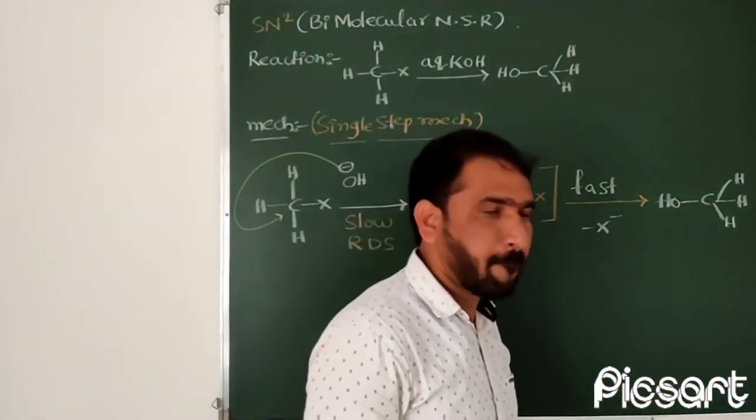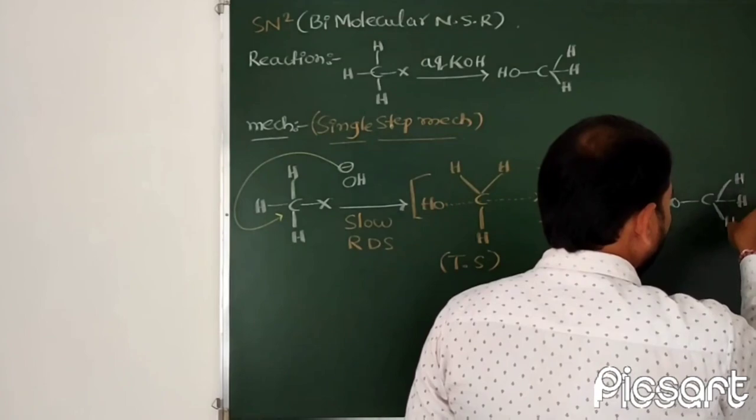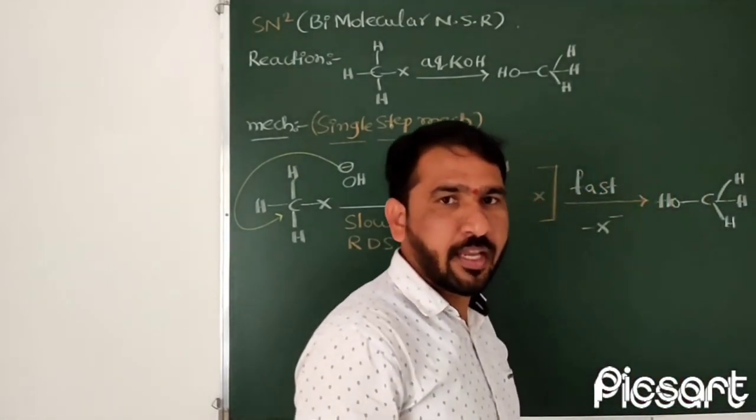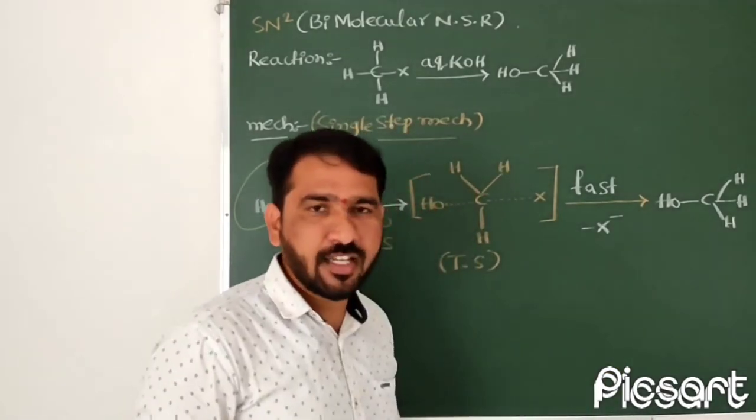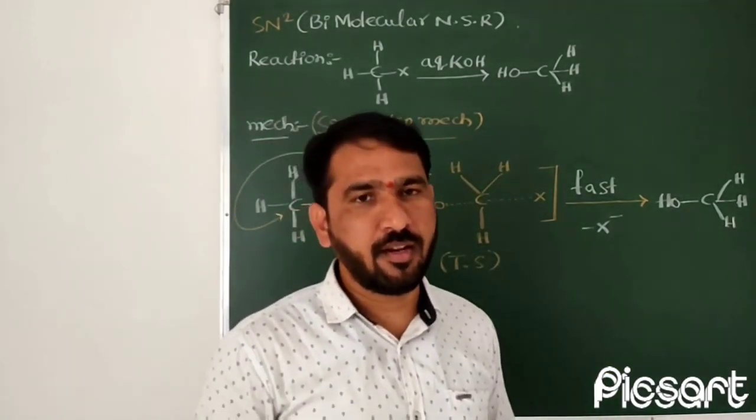By that, the remaining groups over the carbon undergo inversion. This is called the Walden inversion phenomenon.